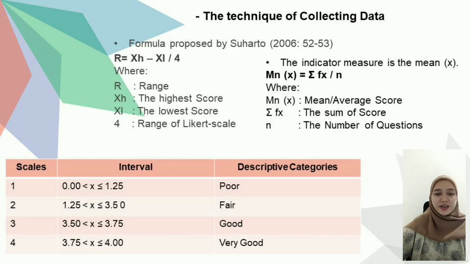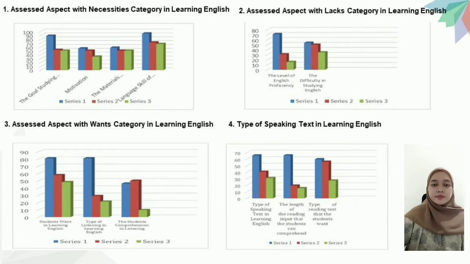You can see together in the pictures or in my slide in the PPT. And then the data conversion table. They are the scale 1, 2, 3, 4, and then the interval, and the last the descriptive category.